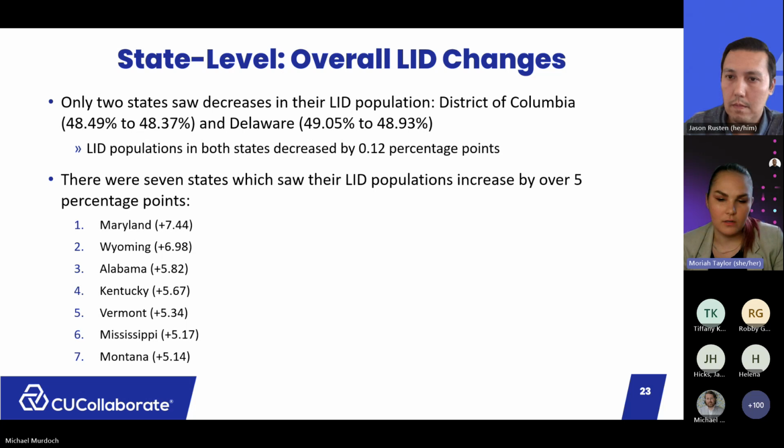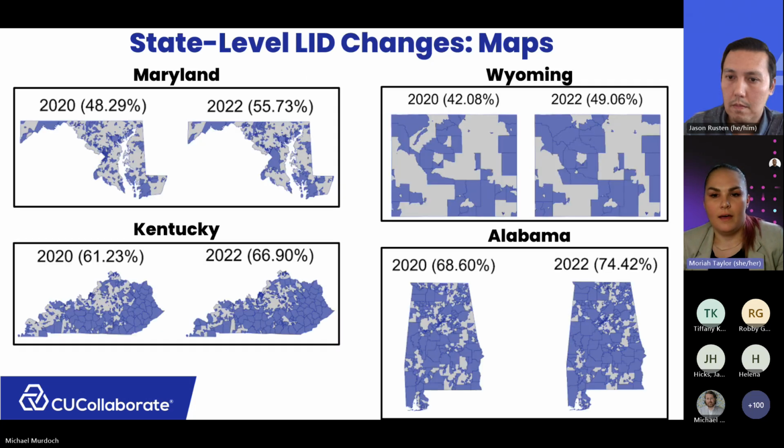And to show you what that looks like on a few maps, we have those first 4 states here. So you can see shifts in the population in certain areas. For example, in Maryland, you have one county that went from partially LID qualifying to completely LID qualifying.